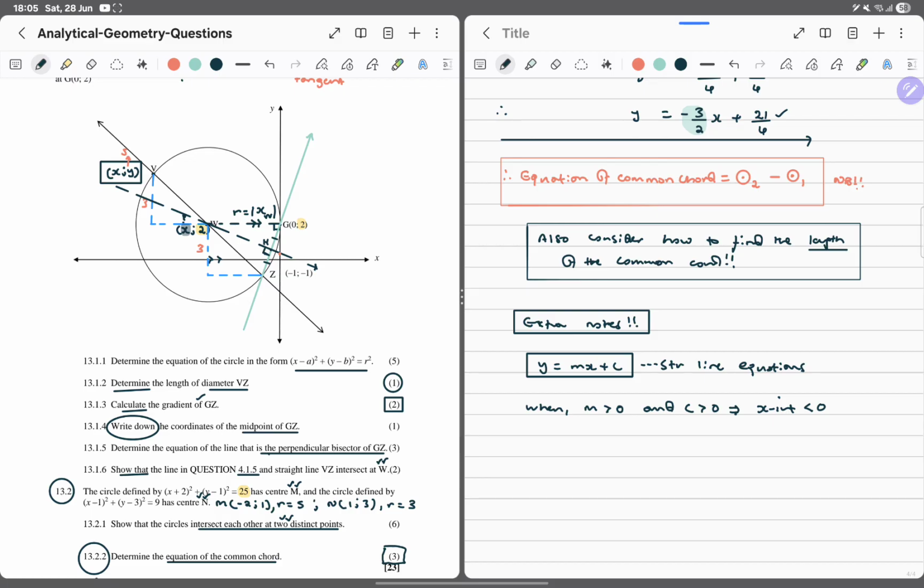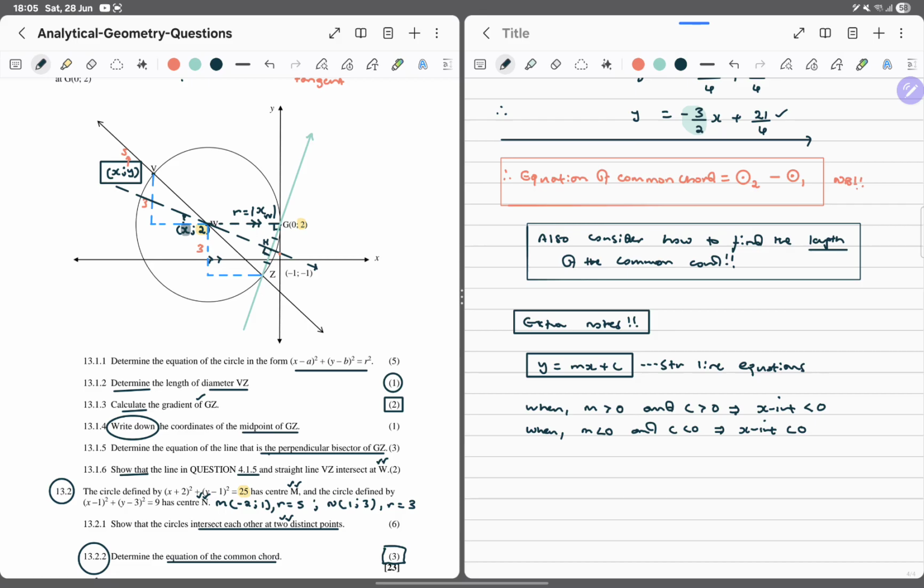This is something that needs to come to mind, especially when handling hypothetical equations while trying to solve a problem. You will need this. Now it also follows that when m is less than 0 and c is less than 0, this implies that the x-intercept is also going to be less than 0.